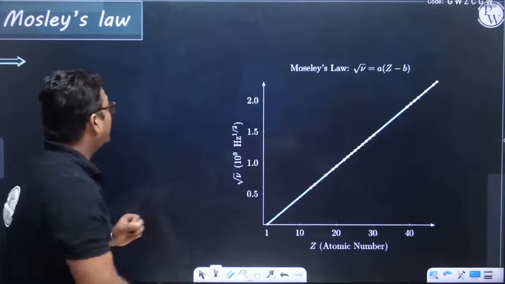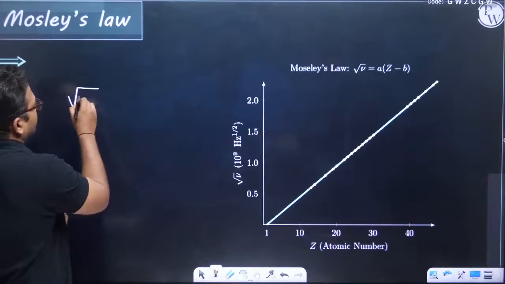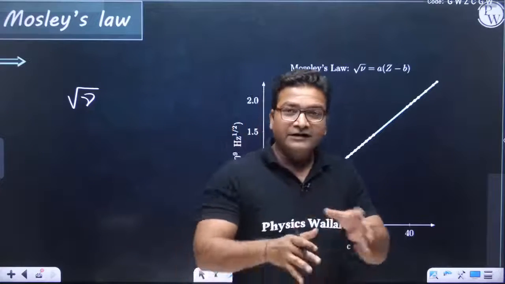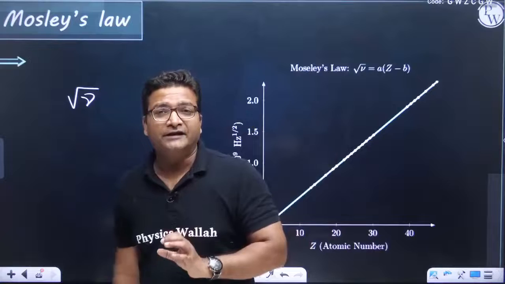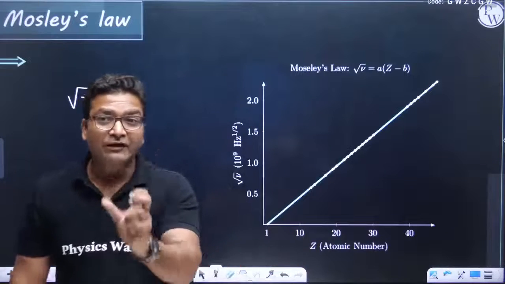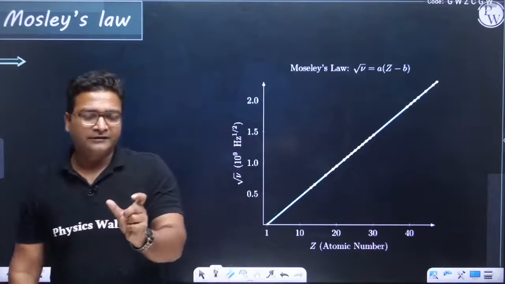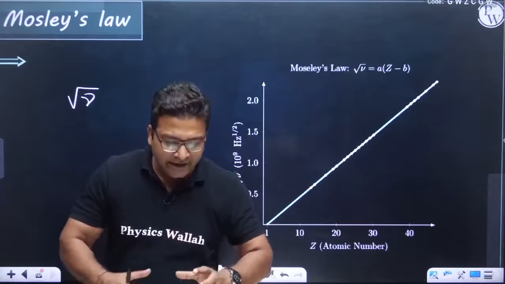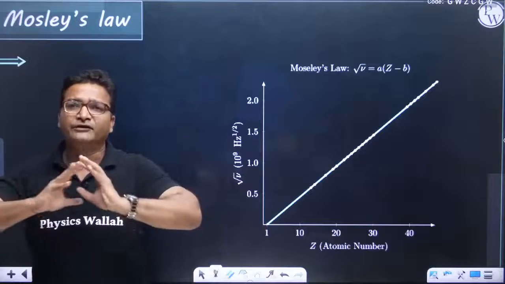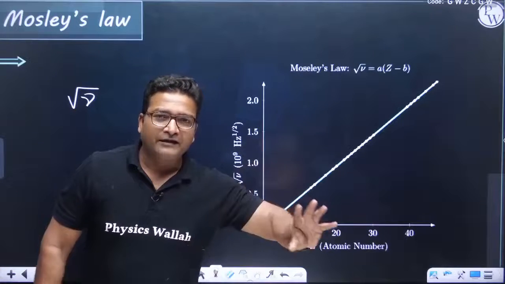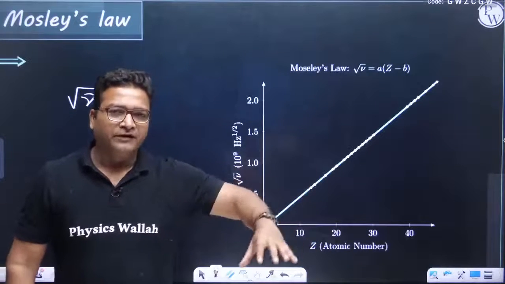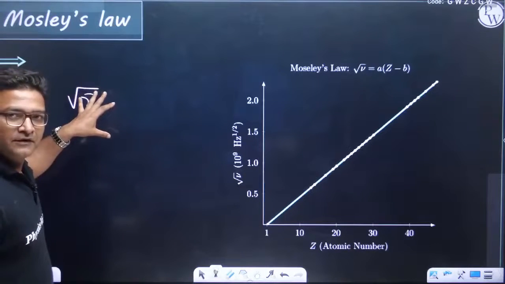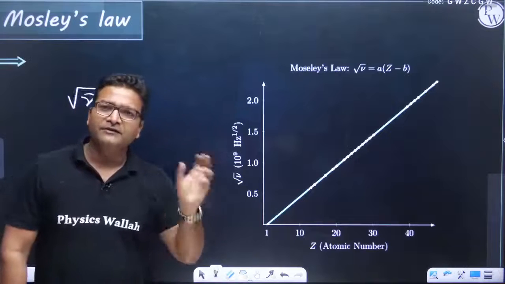the square root of frequency of a particular kind of X-ray, just choose either k alpha or k beta, you can choose anything. Suppose I am choosing only k alpha, and then you take a lot of metals, apply them in the tube one by one and plot the square root of frequency versus atomic number of different metals.